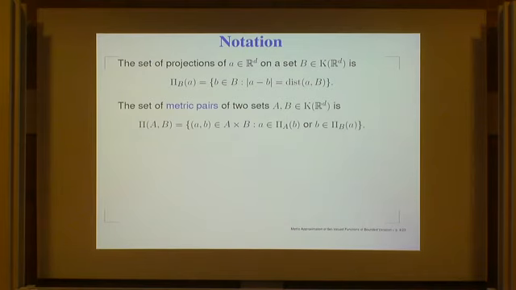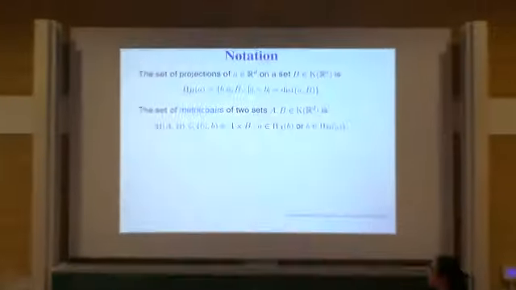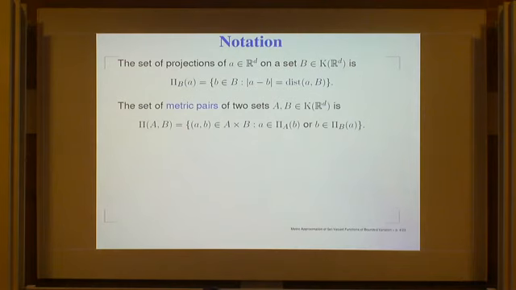Okay, now for a given set B and the point A, we denote by pi sub B of A the set of all projections. This means these are the points that realize the distance. I don't know how well you are familiar with all this stuff. So let's say here is my point, and let's say here is the set.